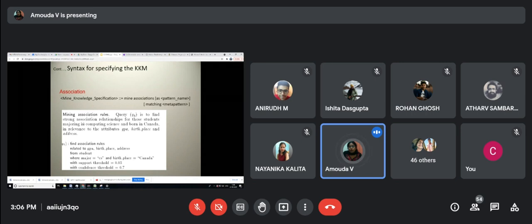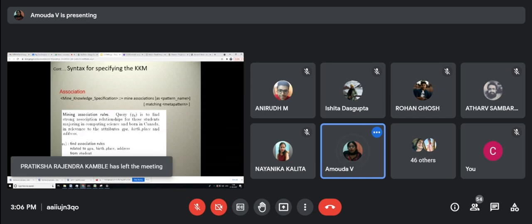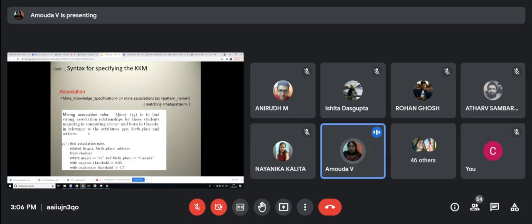Query is to find the strong association relationship for those students majoring in computer science and born in Canada, where the same attributes are given. What does it mean? They are asking, find the strong association relationship for those students majoring in computer science born in Canada in relevance with these attributes. So, how to write the query?